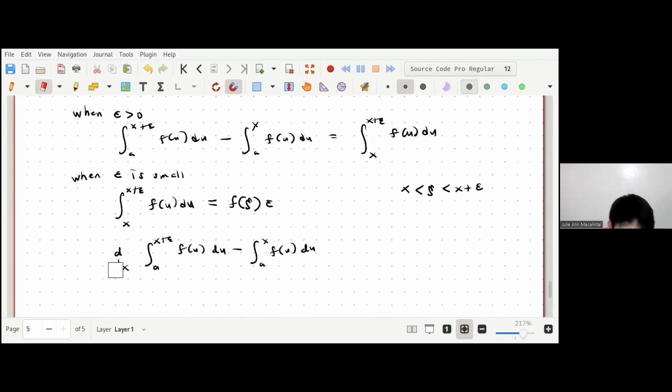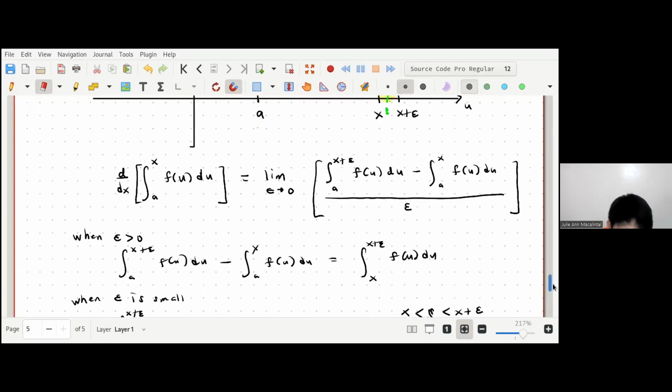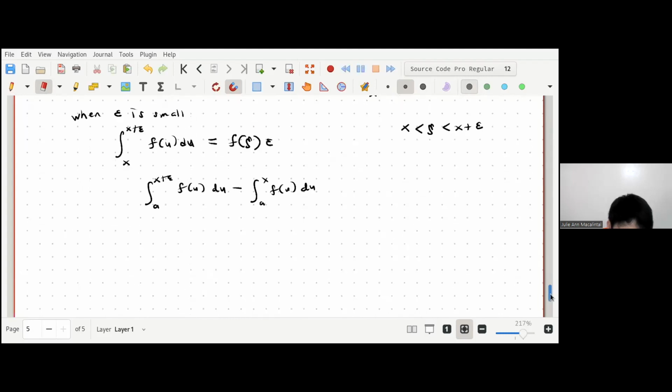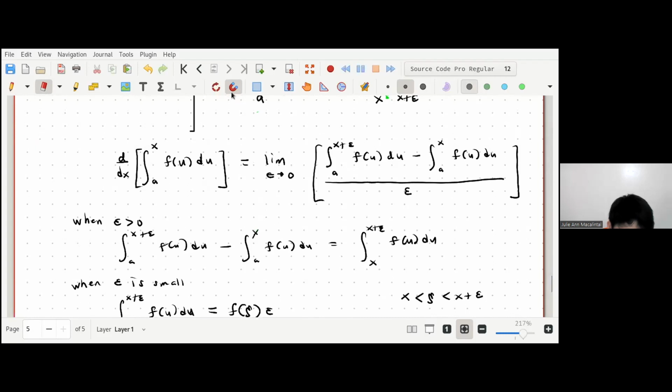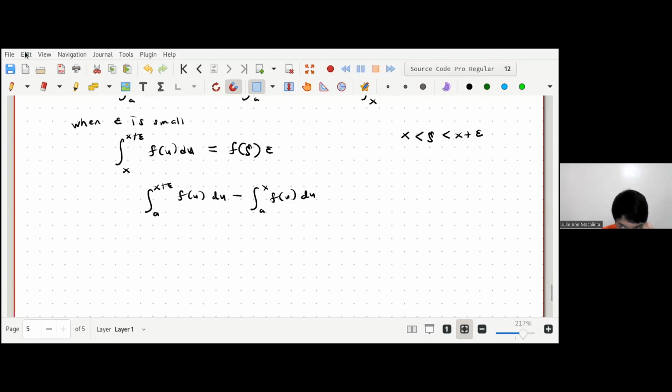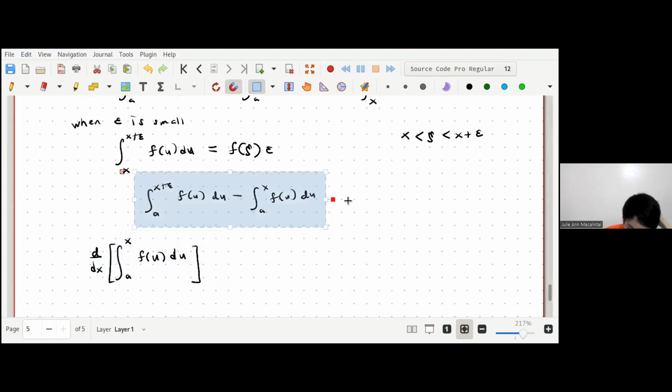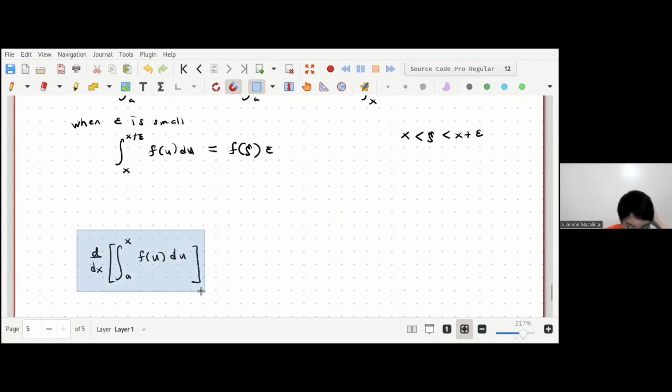Sorry, dapat bakit ganito? Parang mali. Ayun. So, copyhin ko lang yung ano. So, we'll get this. So, yung derivative niyan, hindi na kailangan.